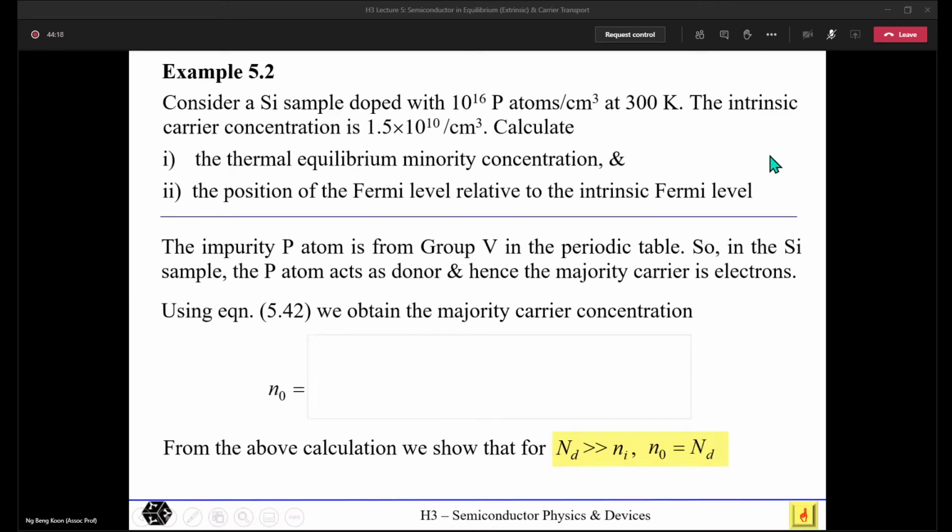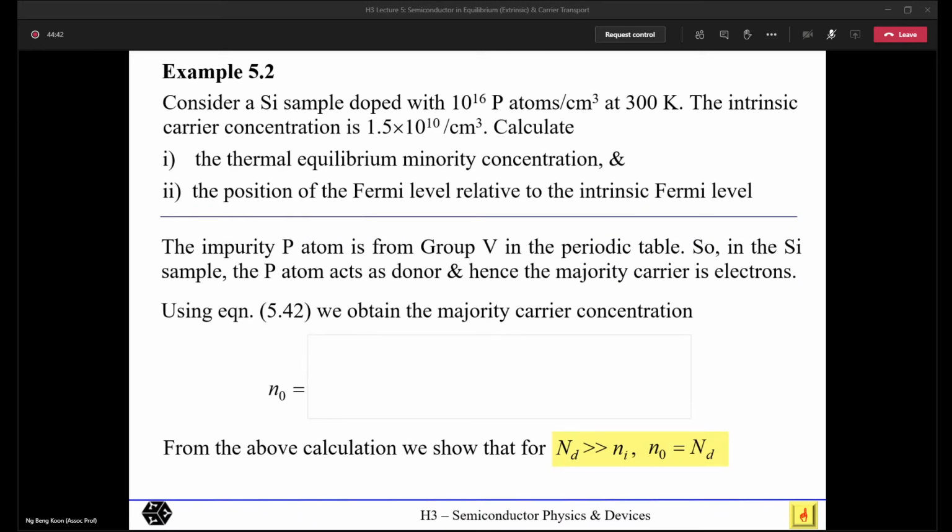Okay, let's look at an example to see how we can apply this. In this example, we have a silicon sample that is doped with phosphorus atoms. If you recall, the phosphorus atom is a group 5 element, and a group 5 element will make the silicon crystal essentially N-type.